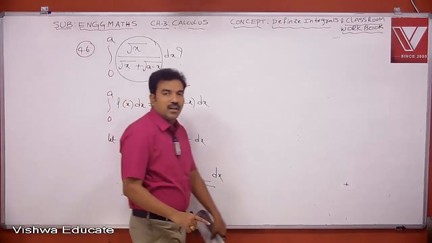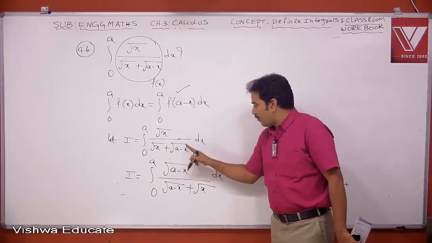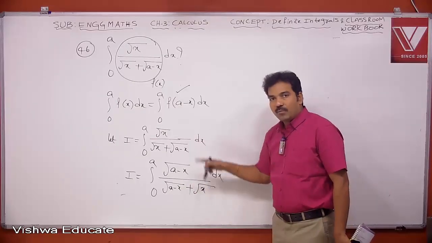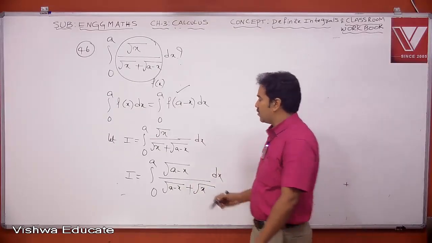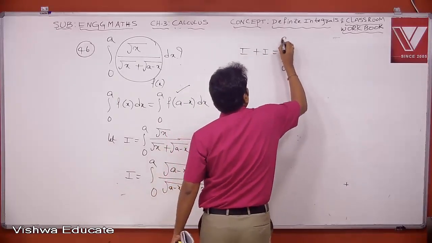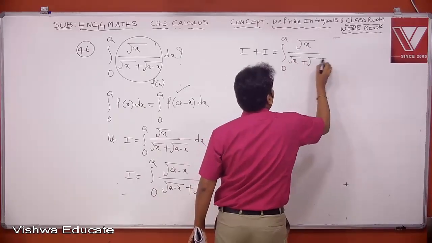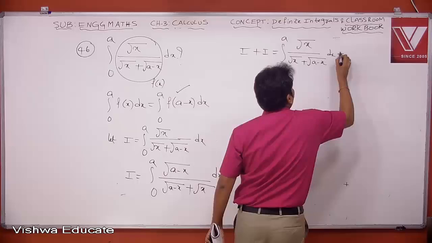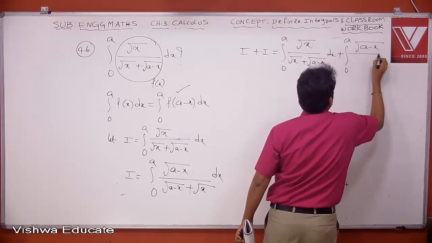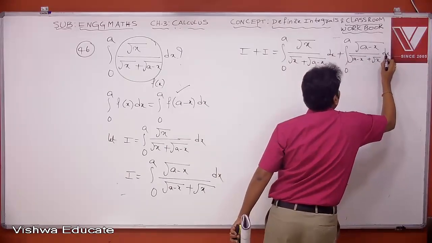When you look at both integrals I, one interesting point is that the denominators are the same: square root of a minus x plus square root of x. So add these two integrals. I plus I equals the integral from 0 to a of square root of x by square root of x plus square root of a minus x dx, plus the integral from 0 to a of square root of a minus x divided by square root of a minus x plus square root of x dx.